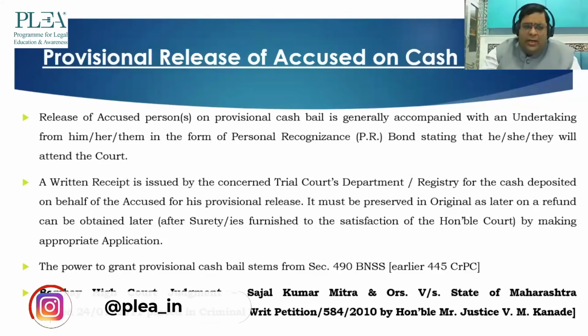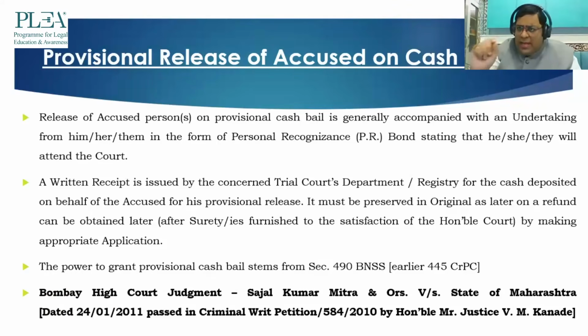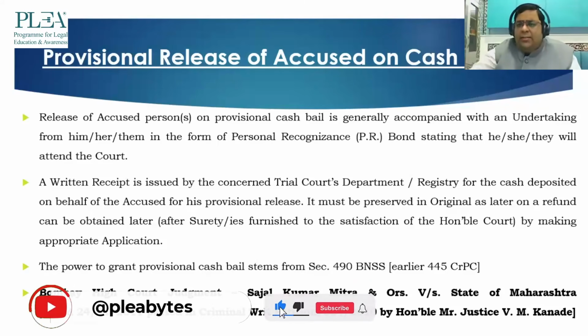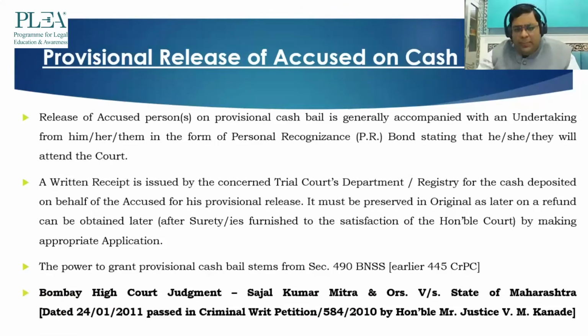After counting, the department issues a receipt which bears reference to the case number and bail order, and states that it is deposited in lieu of furnishing surety, provisionally for so and so period.